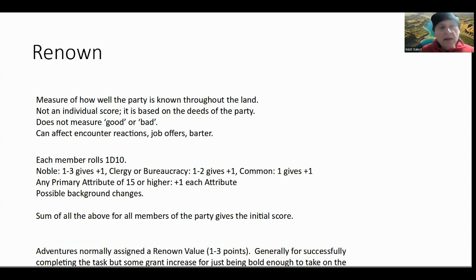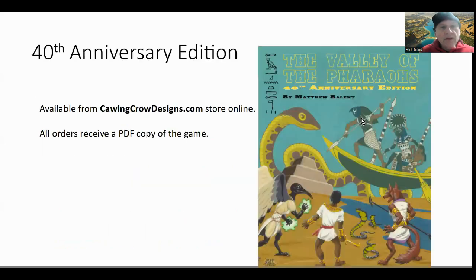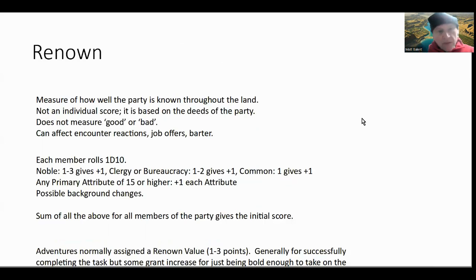And the last of our secondary attributes are what I call renown. And renown is basically a measure of how well the party is known throughout the land. And it's not an individual score. It's based on the deeds of the party. And again, it's not really a measure of how good or bad the party is, because you could be infamous or you could be famous.